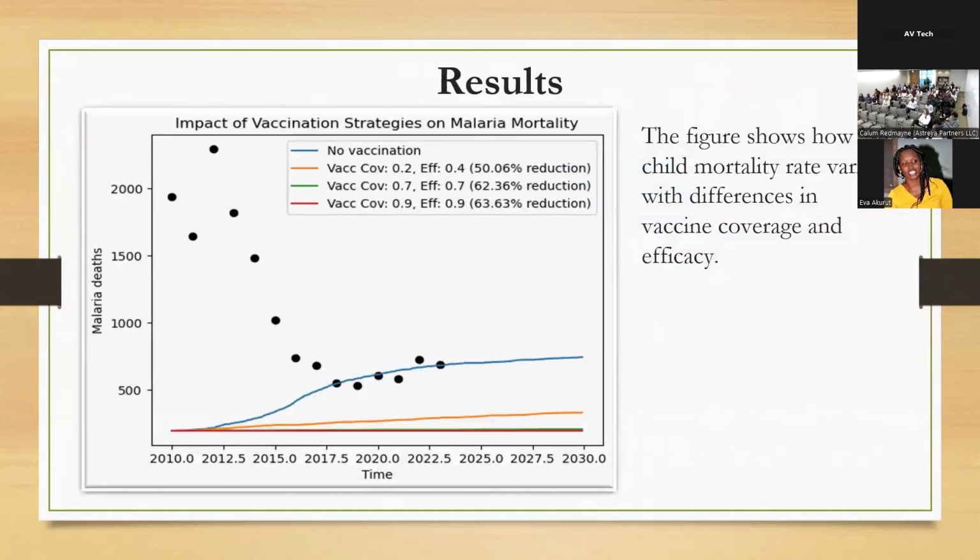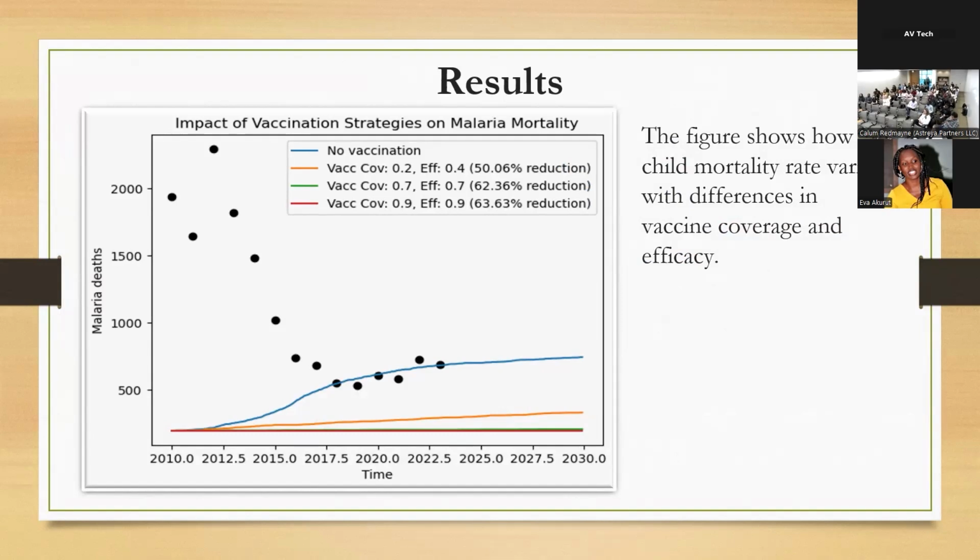So I think this is a major slide. We looked at the impact of vaccination strategies on malaria mortality, and if there was no vaccination, we found that the malaria deaths were really high. But if we vaccinated only 20% of the population, with a vaccine efficacy of 0.4, there will be a 50% reduction.